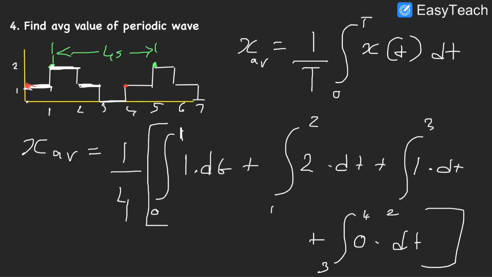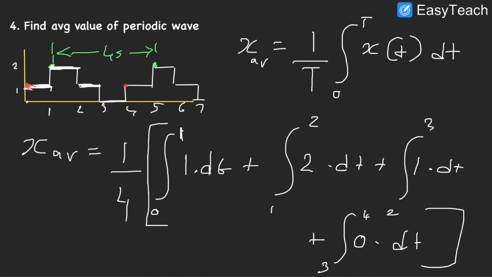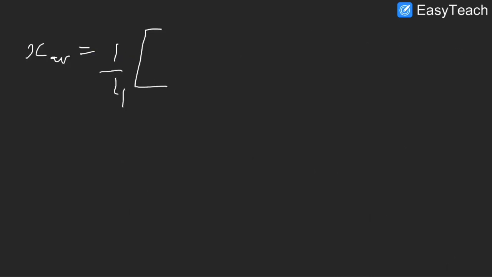Okay, so if we go ahead and solve this integral, I'm going to go to a new page. It is 1 over 4, and your integral of 0 to 1 times dt is just 1.